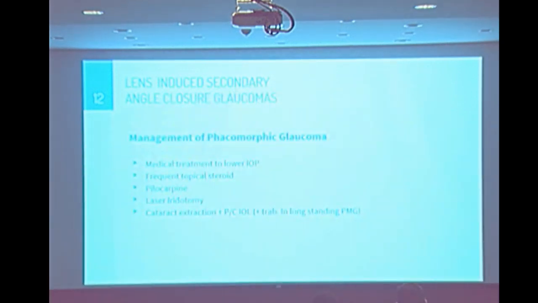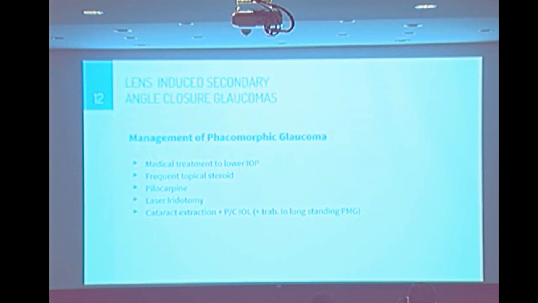Of course, there are many players in this situation: the duration, the status of the IOP after initial treatment. Although in acute cases, we shouldn't be fooled by a drop of pressure, because the eye is inflamed and there is aqueous suppression; the ciliary body is depressed, or it's not forming aqueous in a regular way because of the inflammation.